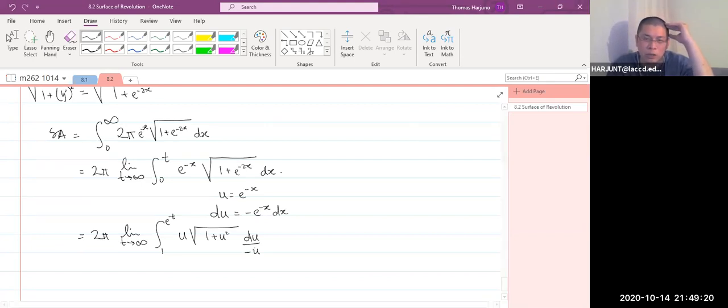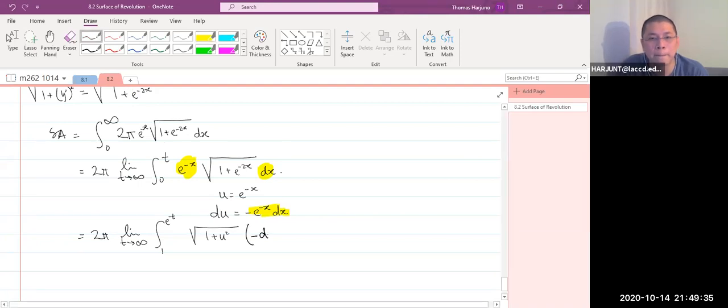What am I doing? I don't need to do that. This is e to the negative x dx, so that's negative du. Flip the order of integration to absorb the negative.